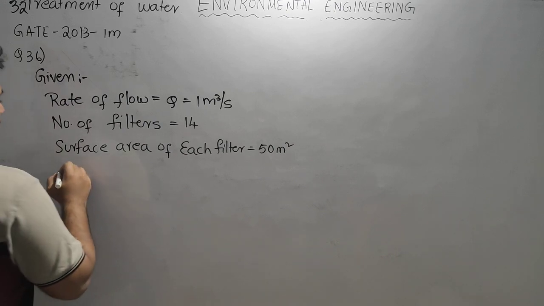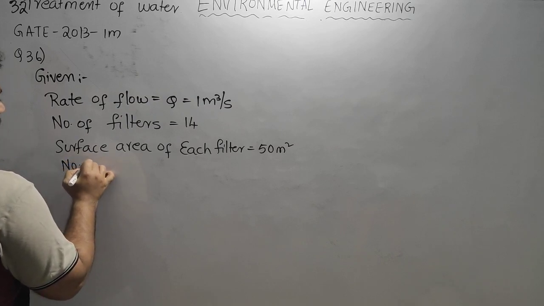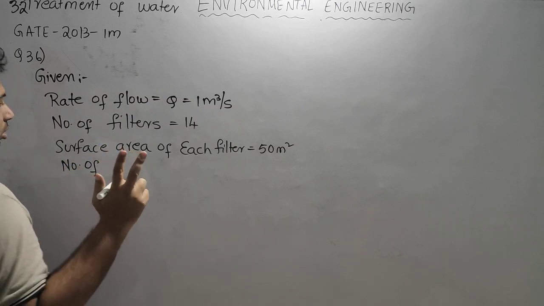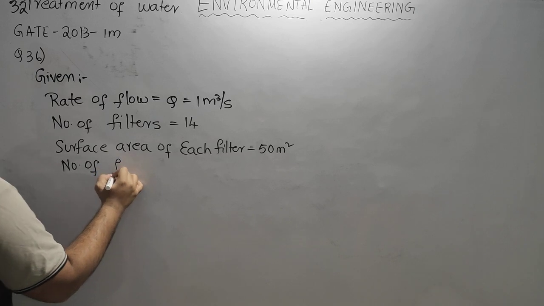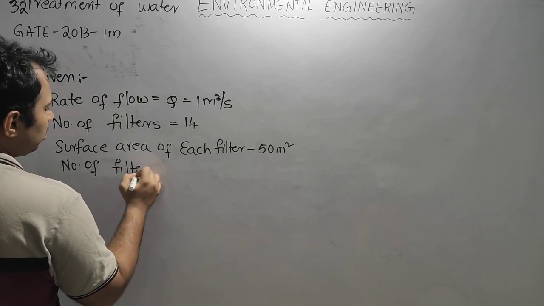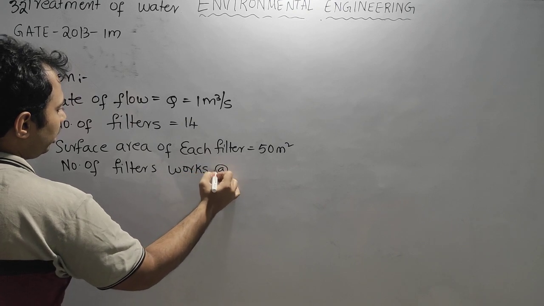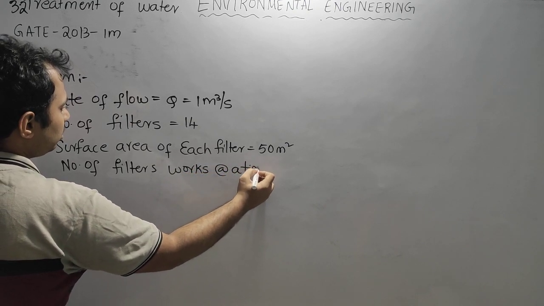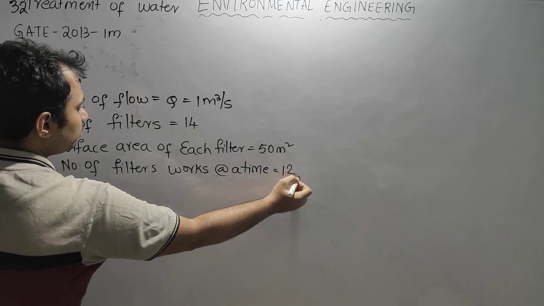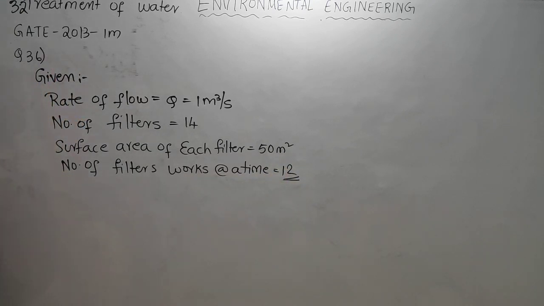That means they are keeping 2 filters for backwashing. So number of filters that work at a time, that is 12. Okay, so because 2 are kept for backwashing, number of effective filters are 12 at a time.